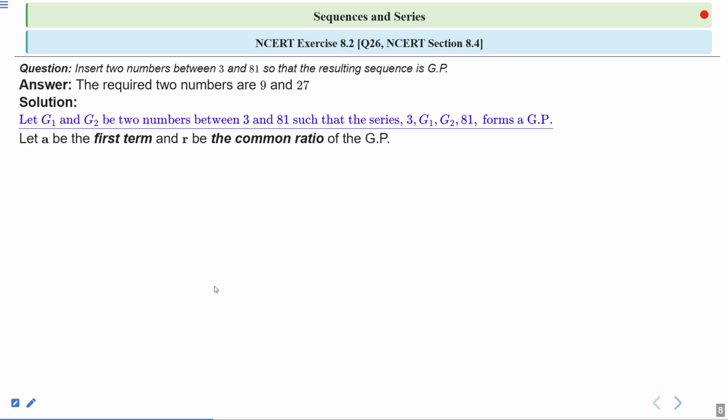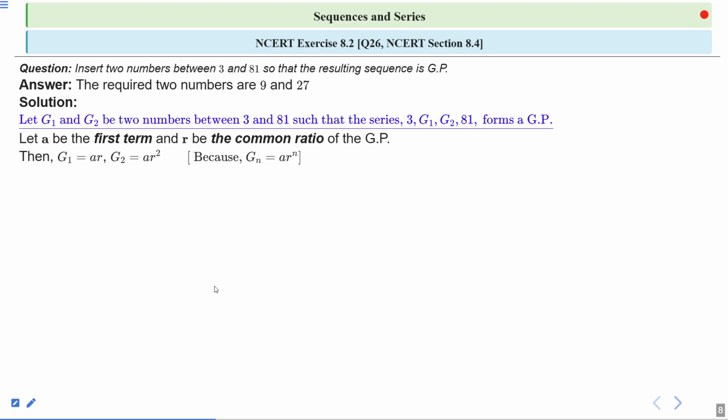First of all, let A be the first term of the GP and R be the common ratio of the GP. Then G1 is the second term of the GP and G2 is the third term.